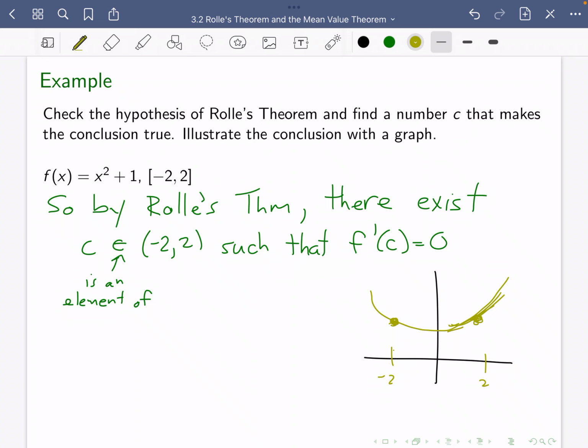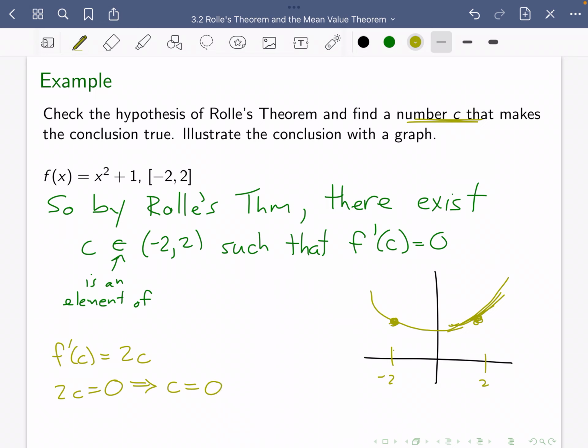Great. And we are asked to find a number c that makes the conclusion true. So to find that, we are going to evaluate our derivative at c, and then set it equal to 0.